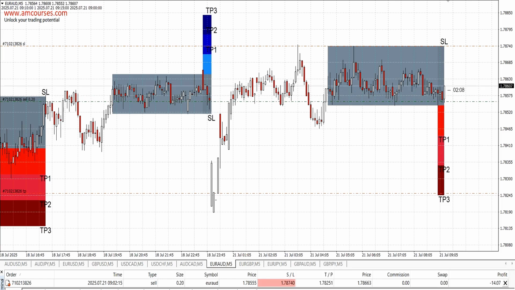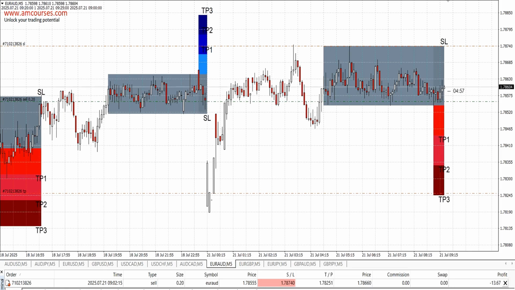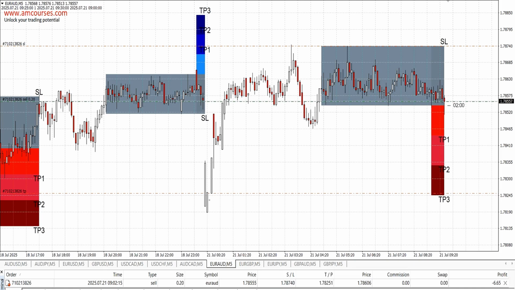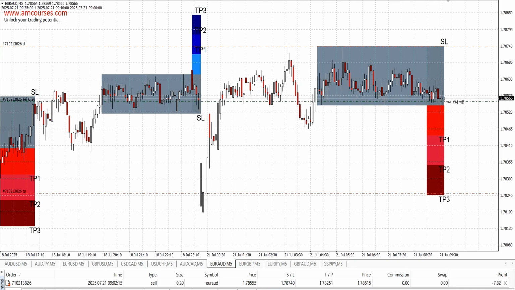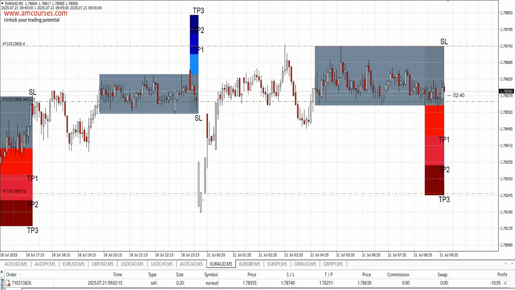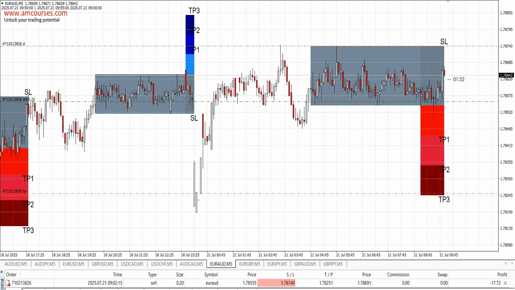This is a perfect live example to understand how this indicator performs in real market conditions. No guessing, no overthinking. Just follow the signal, set your levels, and let the trade play out. Keep watching, because in just a few seconds we'll find out whether this trade turns into a profit or not. And we'll learn from the outcome either way. Let's watch the chart and see how it goes.